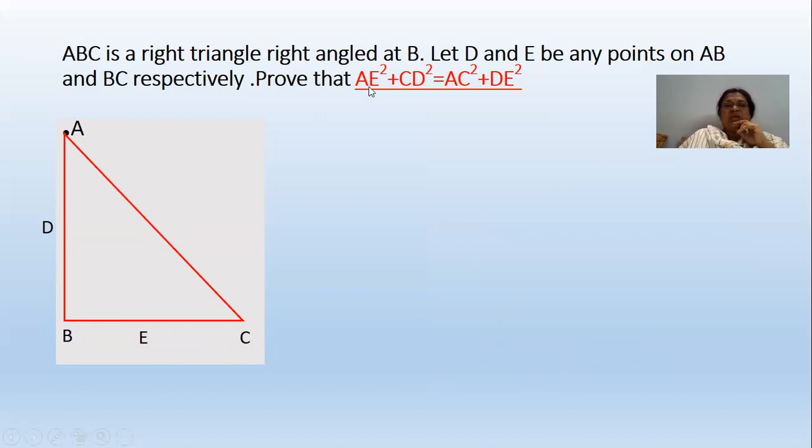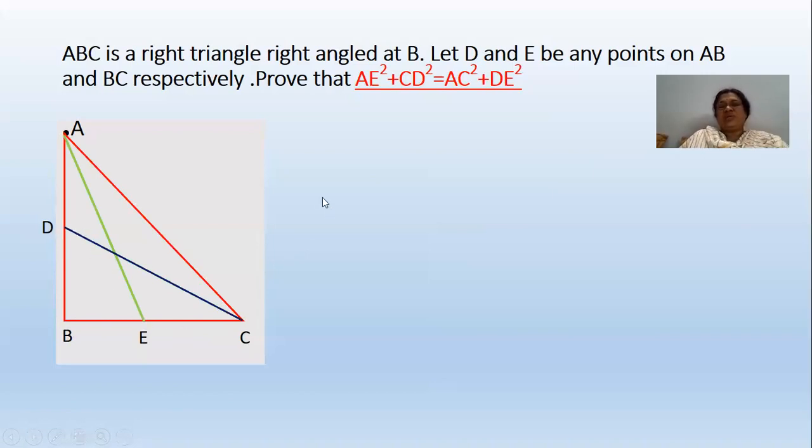And you have to prove that AE square plus CD square is equal to AC square, this one the hypotenuse, plus DE square, this one.